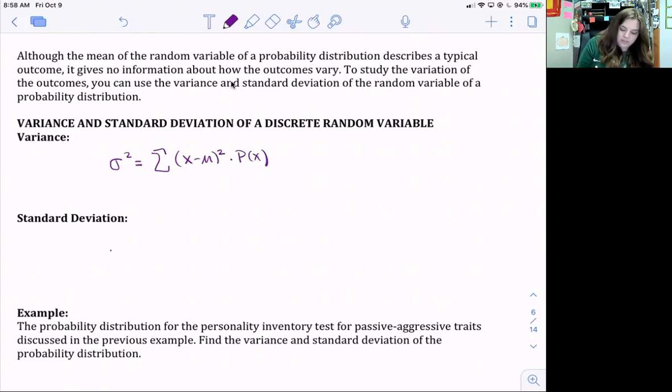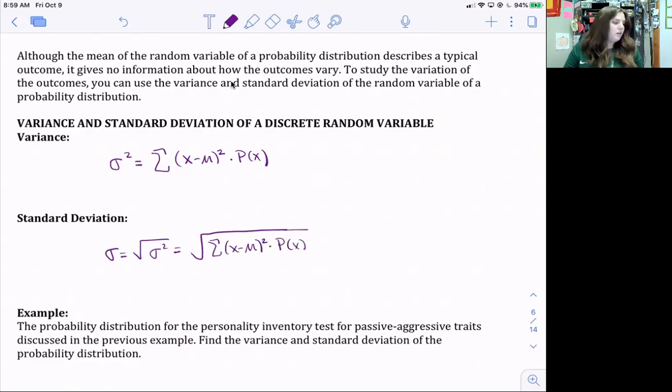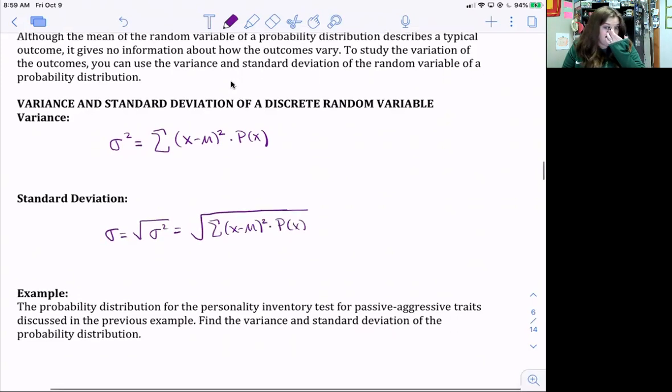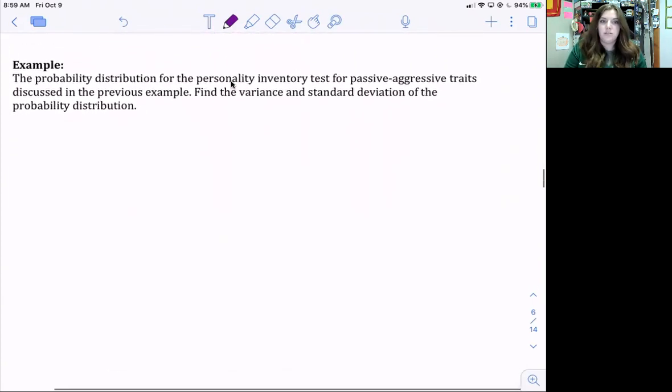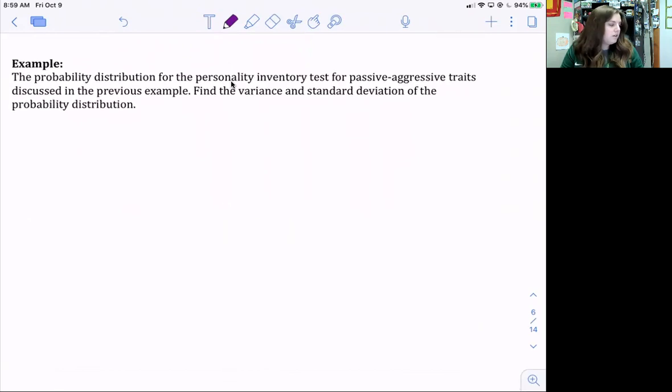And then our standard deviation is going to be the square root of that. Okay. All right, so we're going to do this example together as a class just because standard deviation and variance are probably one of the hardest to calculate. And we'll also review using Google Sheets for that.